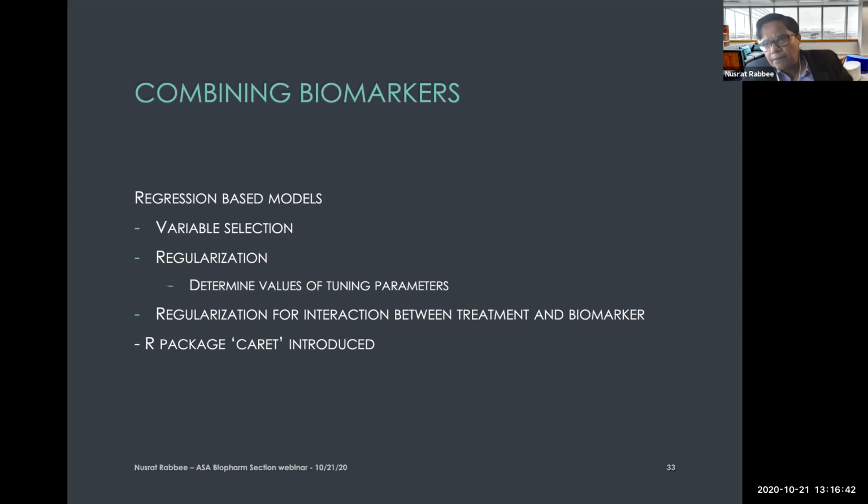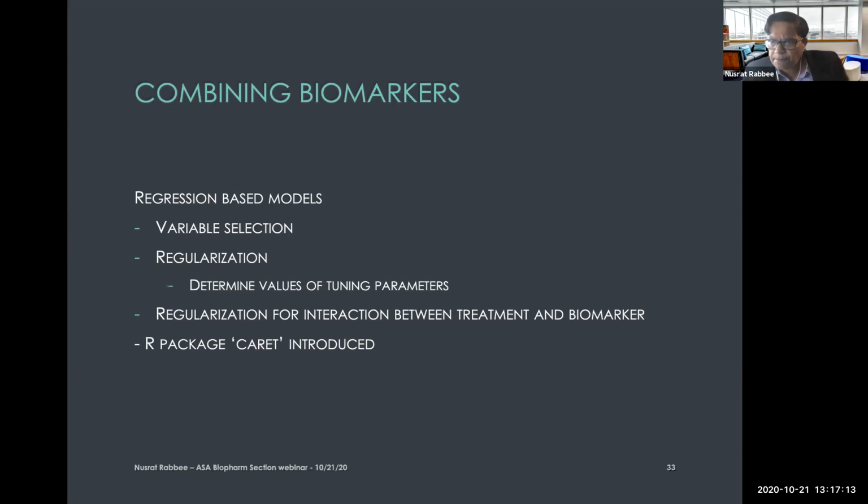I do want to say, though, it gets a little bit complicated because we are in a world where we might want to detect interactions, treatment by biomarker interaction, which biomarkers are being modulated by treatment, especially in the predictive models. So I talk about hierarchical group lasso, and I introduce this package, actually it is glinternet, I believe, to find the right interaction term.